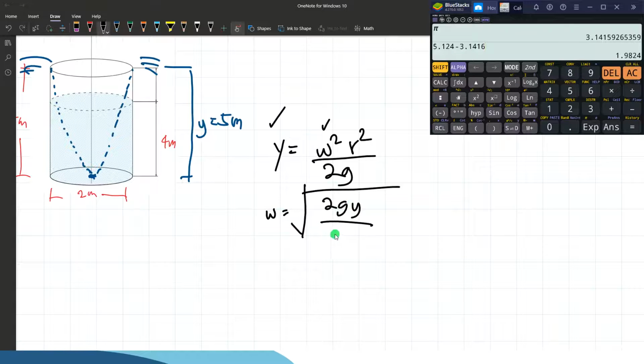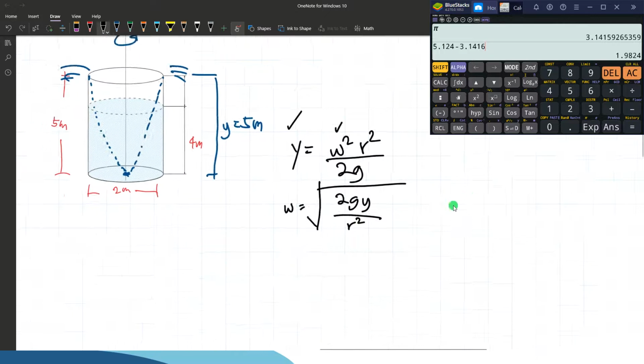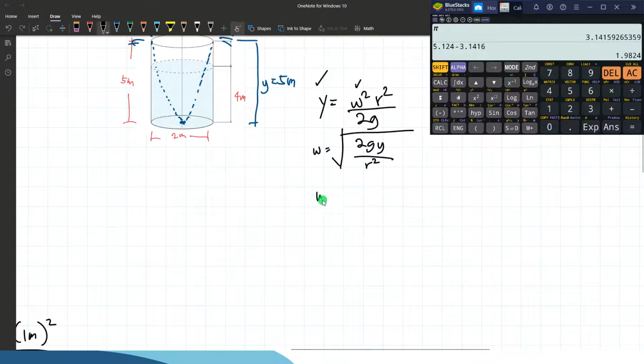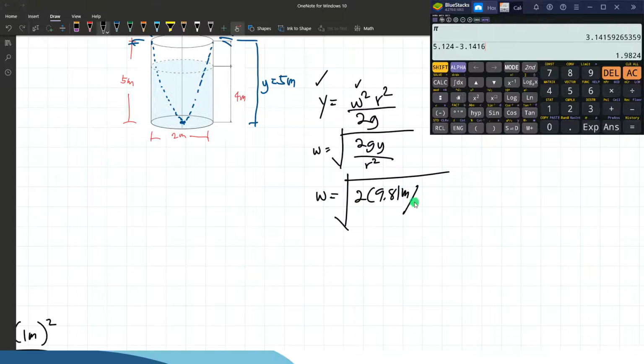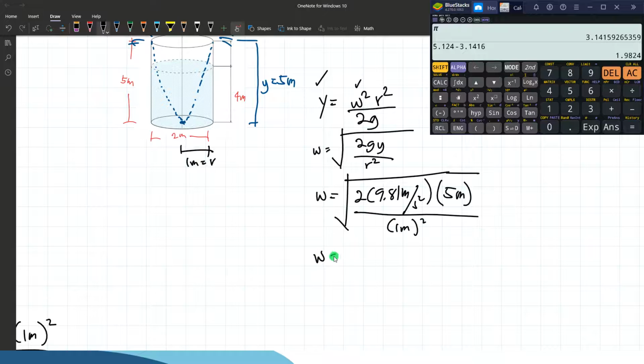So w is equal to the square root of 2 times 9.81 meter per second squared, y is 5 meters, over r squared, where the radius is 1 meter, so 1 meter squared. W is equal to the square root of 2 times 9.81 times 5 over 1 squared.